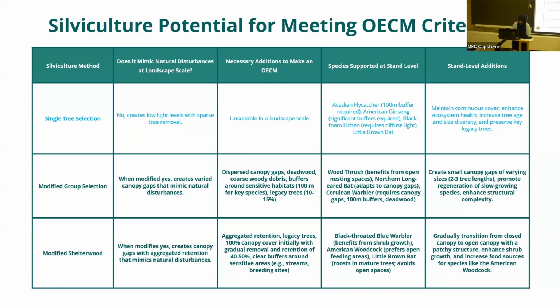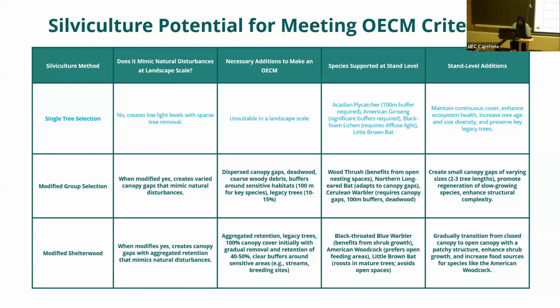With a few modifications, such as soil scarification, as well as diversification of deadwood, such as a range of decay classes, as well as retaining legacy trees, can further promote the regeneration of these ecosystems and provide long-term in situ conservation of biodiversity. Similarly, modified shelterwood, when incorporating natural disturbance emulation practices such as variable retention harvesting, as well as the ones I've already mentioned, can have a similar impact in effectively conserving biodiversity within these forests.